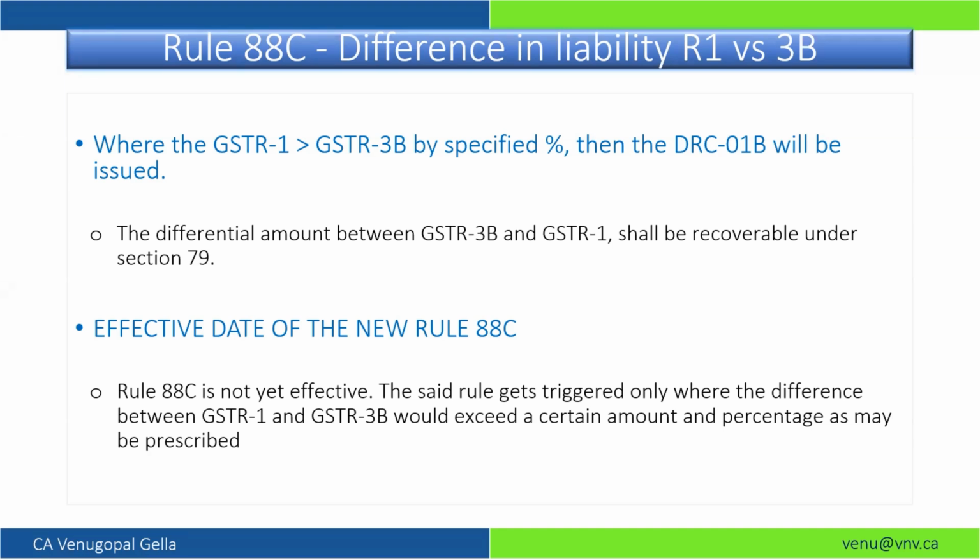Now, if there is a difference between R1 and 3B, in the Act the officer has been given the power to directly initiate a recovery. That means they don't need to intimate you or give you an opportunity to explain the difference. The difference may be clerical or it may be an actual difference. Whatever the reason, they can straight away initiate the recovery.